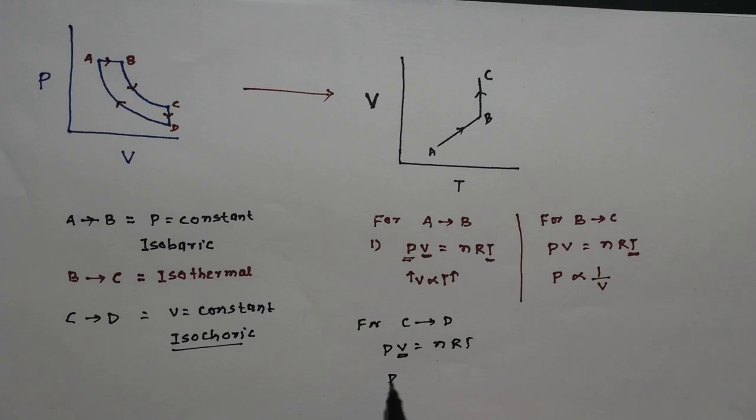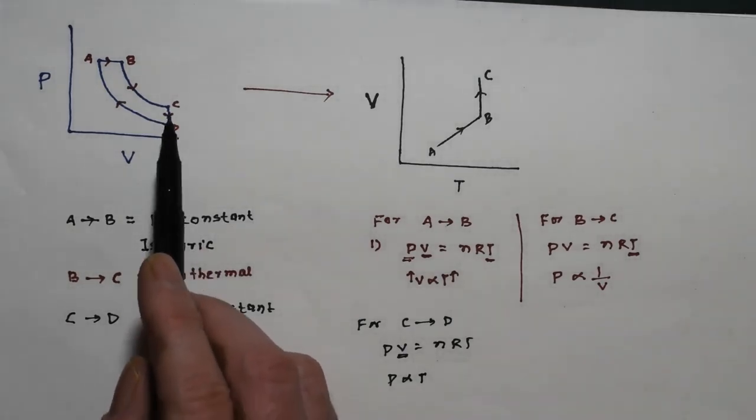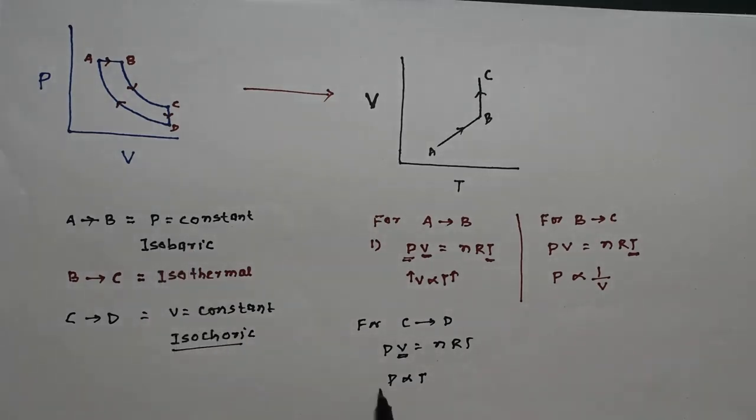That means pressure is directly proportional to temperature. And in this question volume is constant but pressure decreases. Then pressure decreases, so temperature will also decrease.